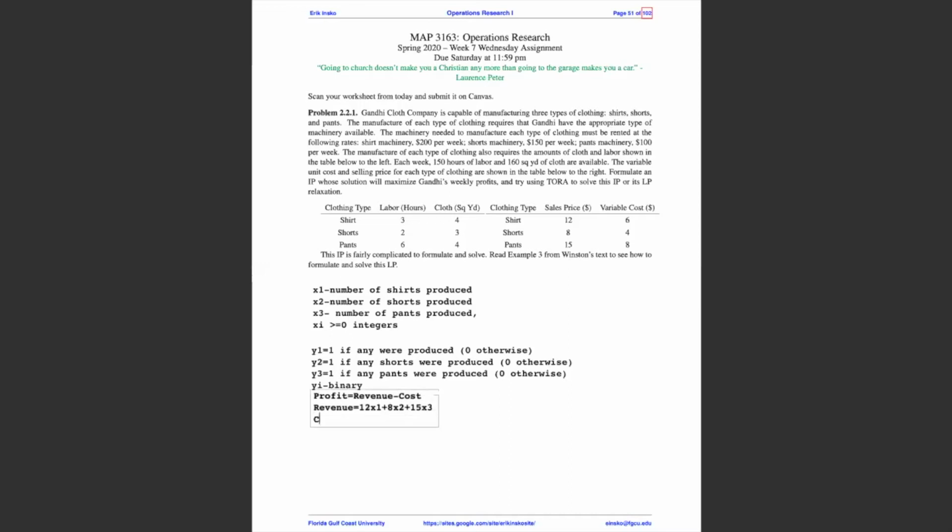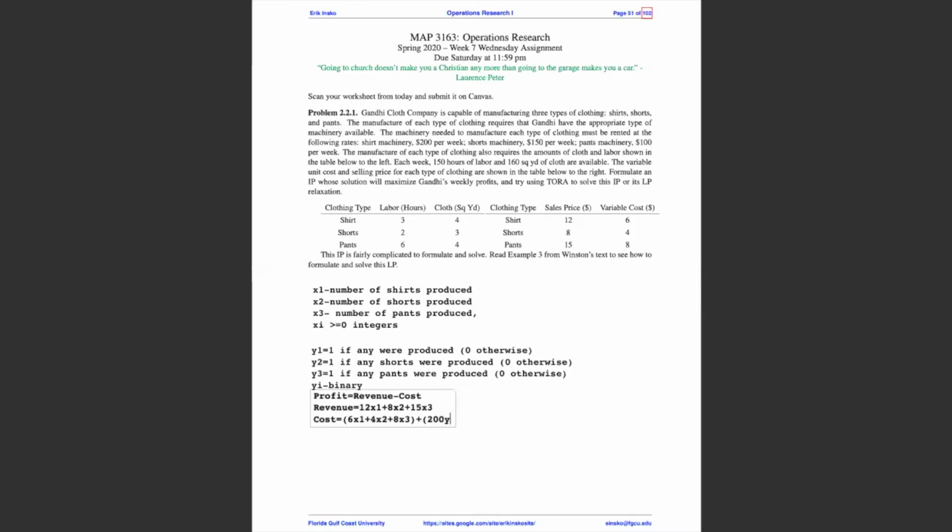And of course, we have a cost, and we have two types of cost in this problem. We have the variable cost, $6 for shirts, 4 for shorts, and 8 for pants. So I'll just write this one down as 6 times x1 plus 4 times x2 plus 8 times x3. And we also have the fixed cost that even if we produce one shirt, we still need to pay $200.